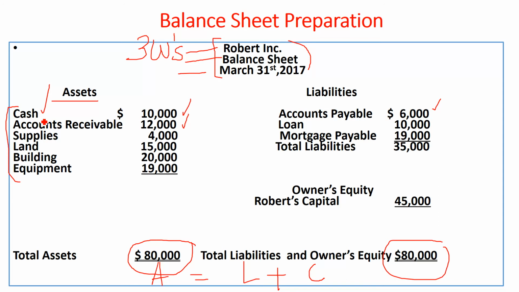Each transaction affects at least two accounts, any two accounts, maybe cash or owner's equity, maybe supplies or accounts payable, at least any two accounts. You cannot have a transaction affecting only one account, like equipment. No, each transaction affects at least two accounts, right? There may be more than two accounts, but at least two accounts is compulsory.